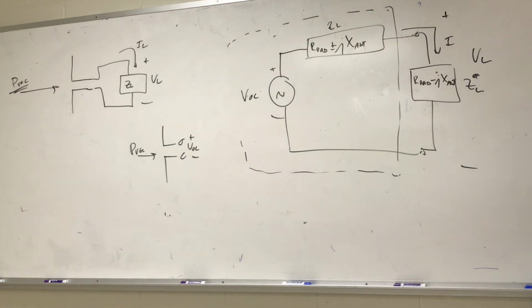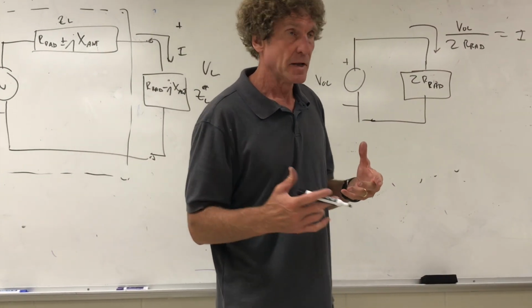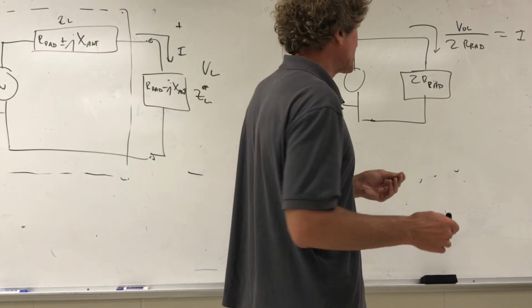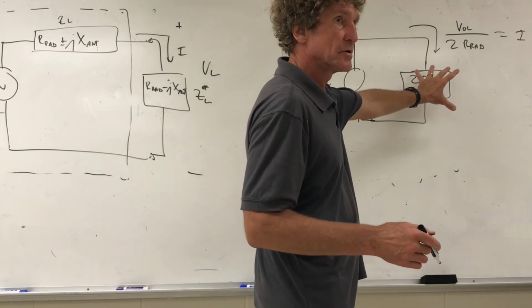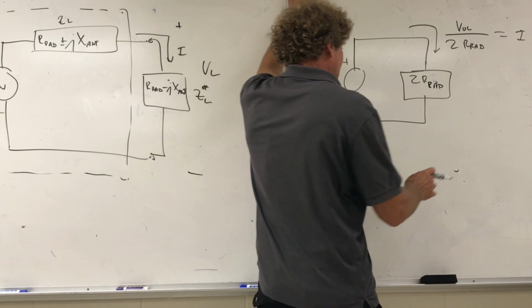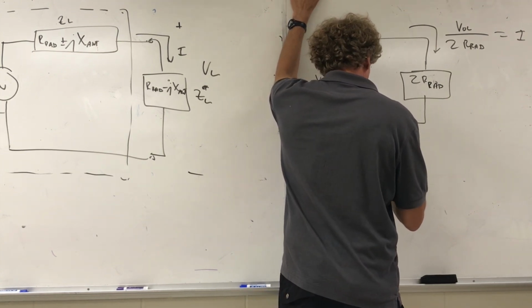All right. So y'all agree that would be the current if you had matched conditions, and this is the assumption of the whole thing. Now if that's the current, I want you to think about this. How much power is being consumed by this circuit? Well, the actual power would be the received power.